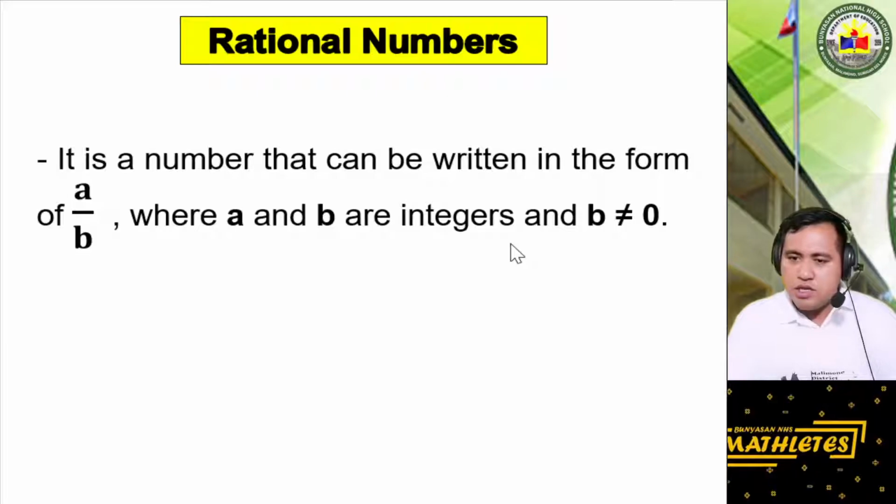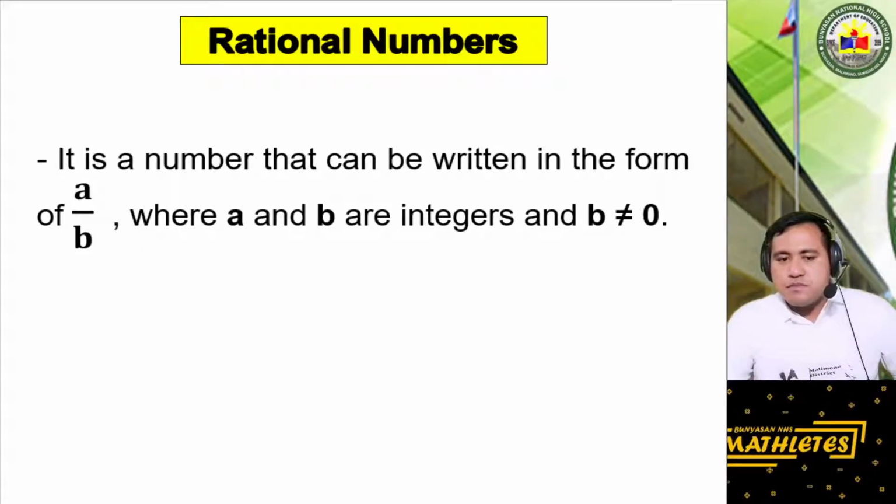When you say integers, it is negative and positive numbers. And b could not be equal to 0, because if it is 0, our rational number becomes undefined.